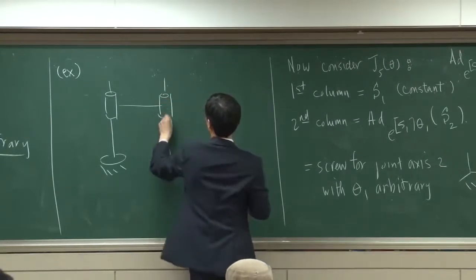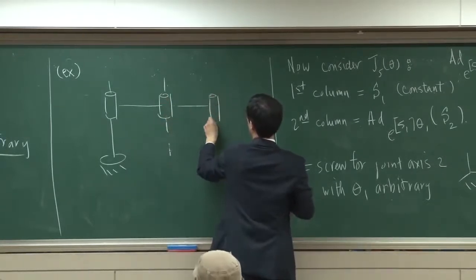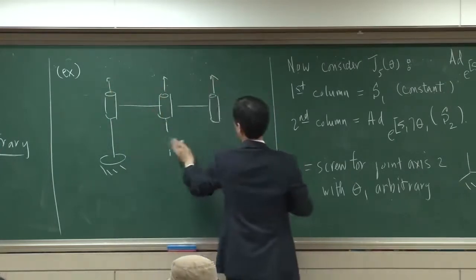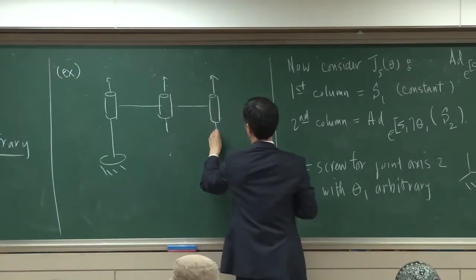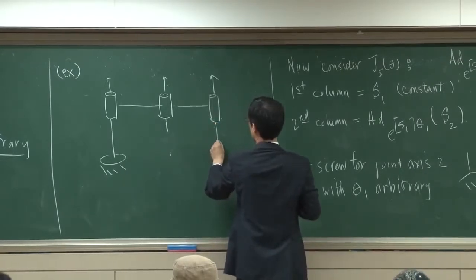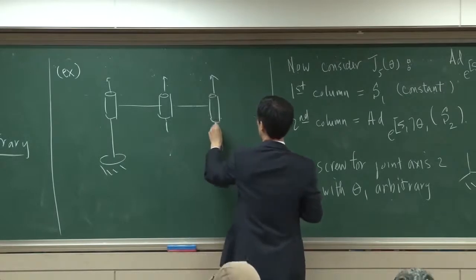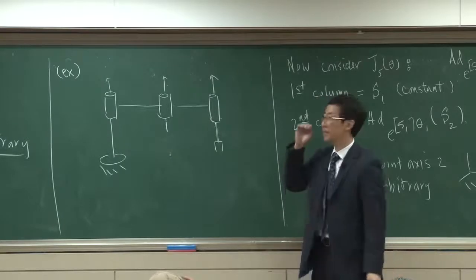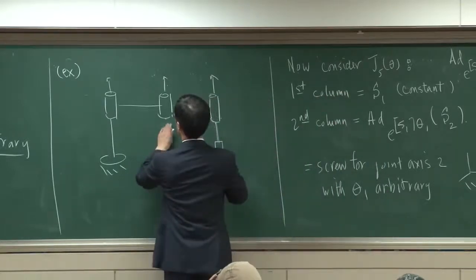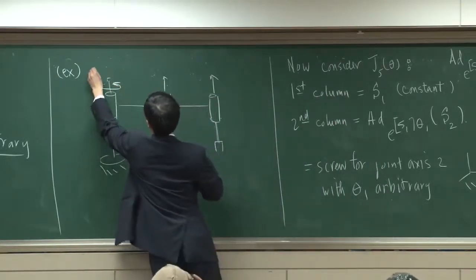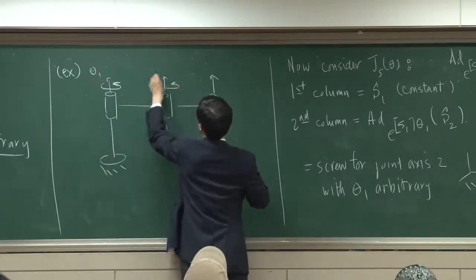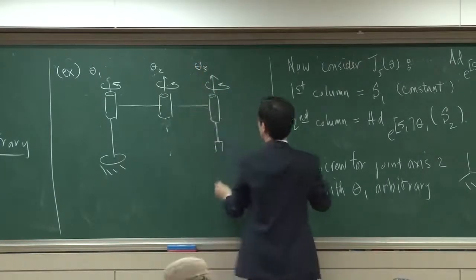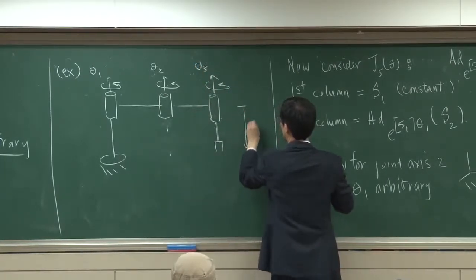I'm going to, this is a 4-joint robot. Here's theta 1. Here's theta 2. Theta 3. Okay, and theta 4 is going to be this.